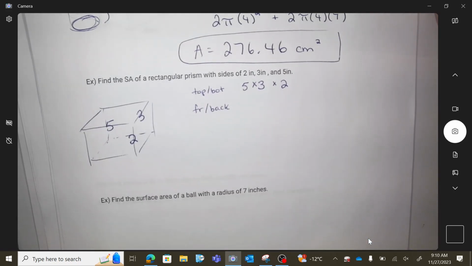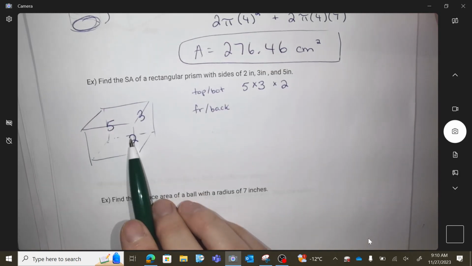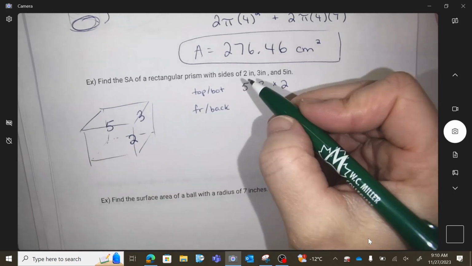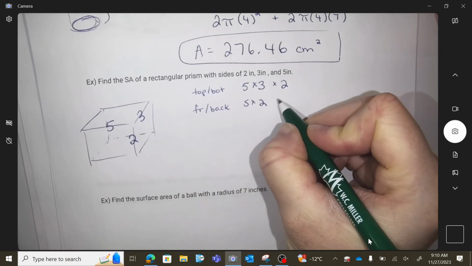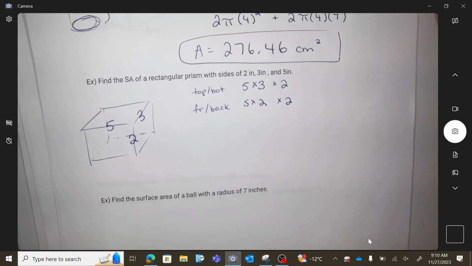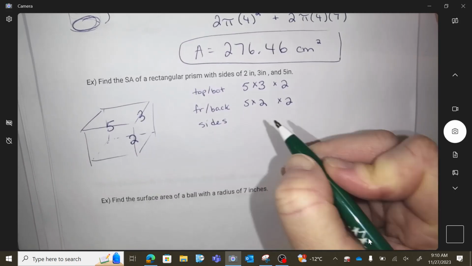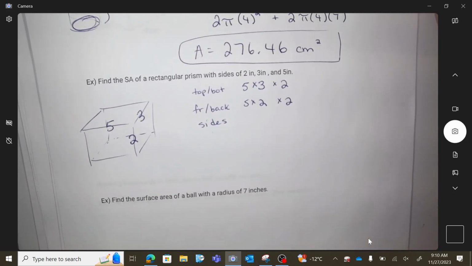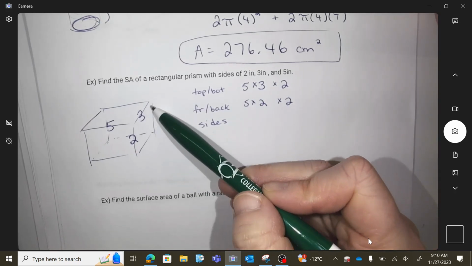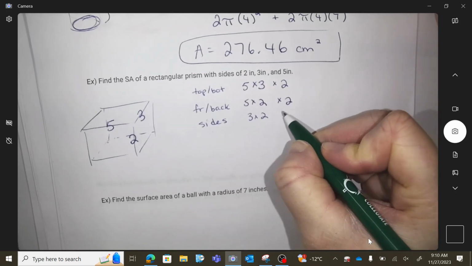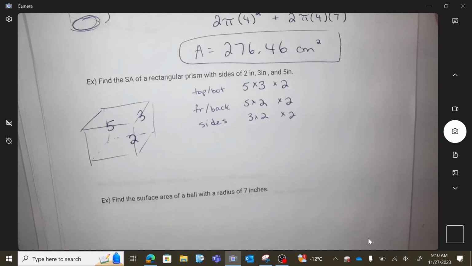Then I think about it like this. What's the front and back of the box? It looks like the front would be a 5 times 2 rectangle. 5 times 2, doubled, because there's a front and a back. Then I look at the sides of the box. The side of the box is a 3 by 2, and then there's 2 of them. Okay?